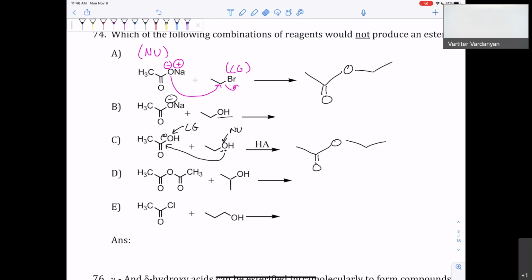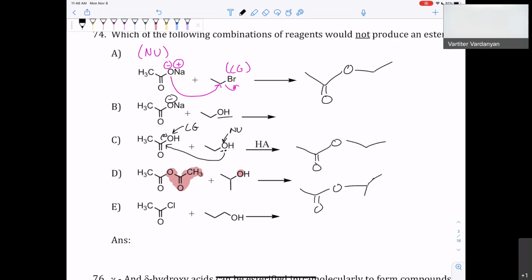People don't look happy about it. That's fine. Let's just do D and E and then we'll go back to B. So in D, what are we starting with? An anhydride, and this guy can act like the leaving group. This is a nucleophile. So we get, again, an ester. It looks slightly different, but it's still an ester.